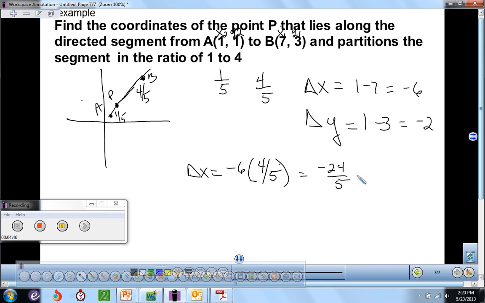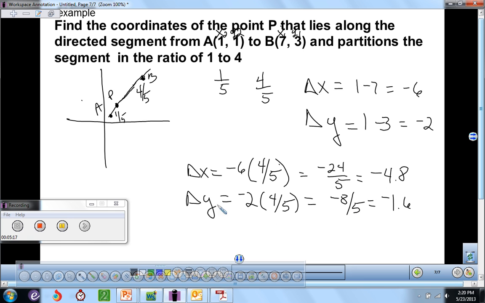I'll convert that to a decimal, negative 24 divided by 5, which is negative 4.8. And then the change in Y would be negative 2 times 4/5, so we end up with negative 8 over 5. We'll convert that to a decimal as well, and we end up with negative 1.6.